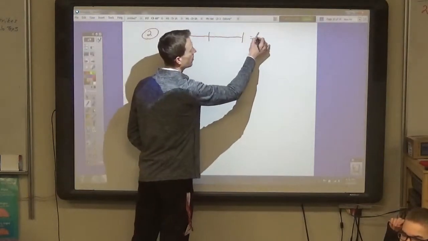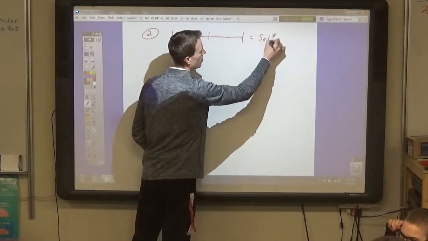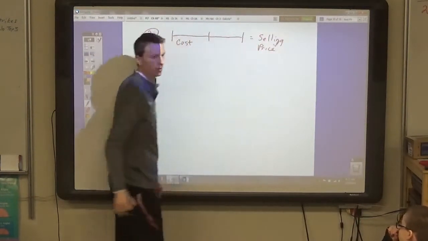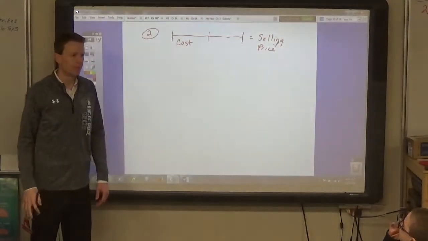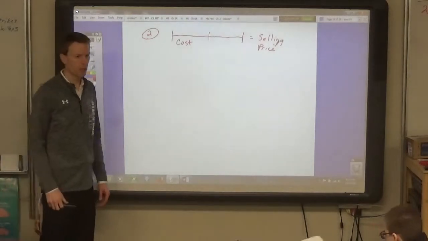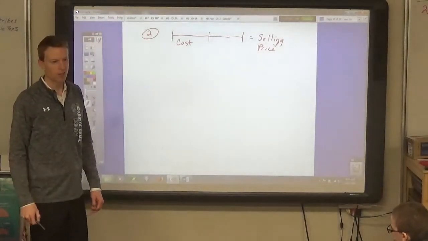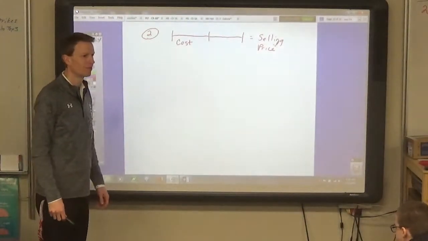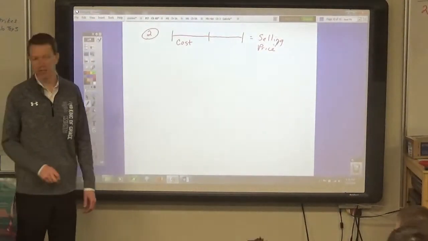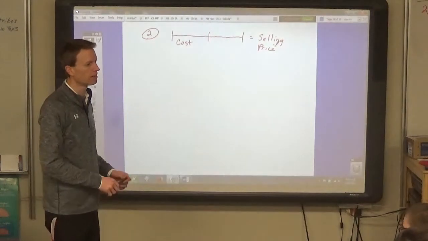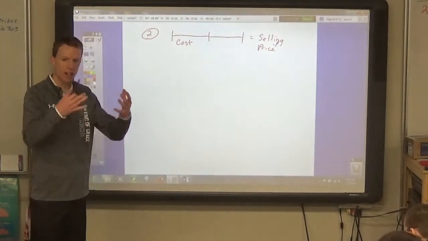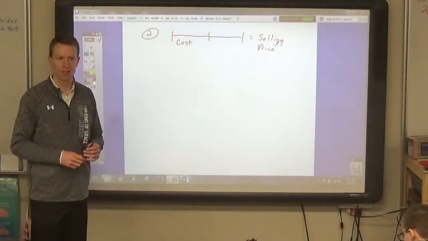Equals the selling price. Cost plus what? Max, open your book. It's number 2, right here on problem 2. The cost plus what is the selling price?